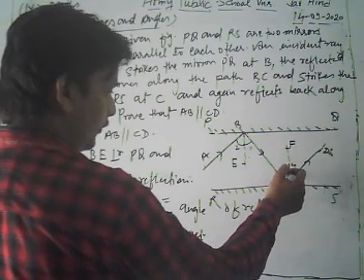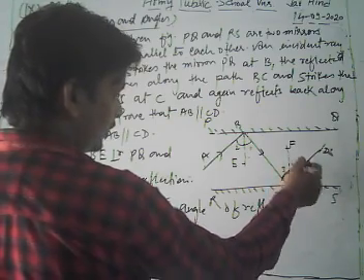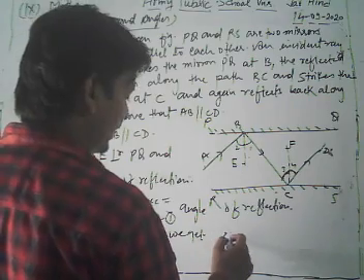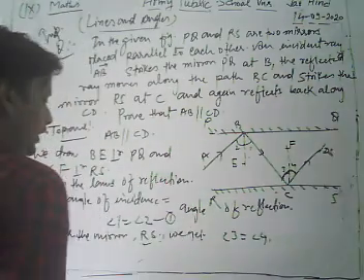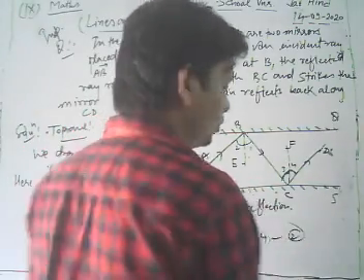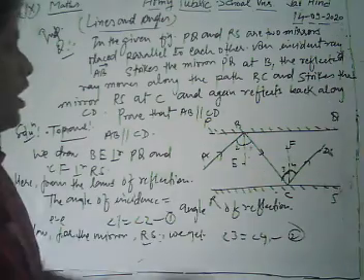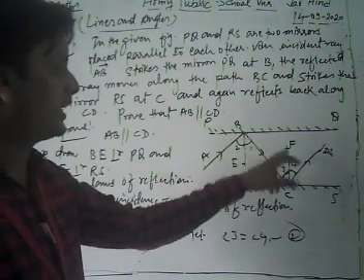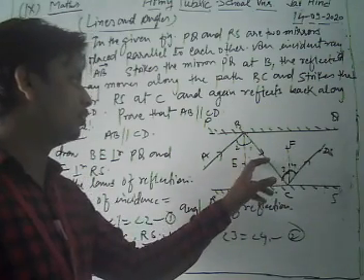So angle of incidence is 3 and angle of reflection is 4. So then we get angle 3 equal to angle 4. Now clear? Take equation number 2. Now, dear students, BE is perpendicular to PQ and CF is also perpendicular to RS, so CF is parallel to BE.